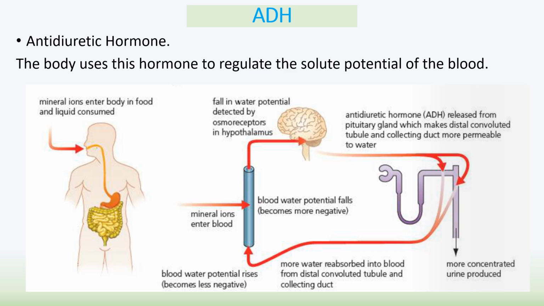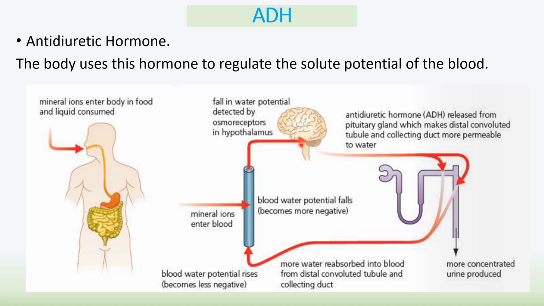And the body uses this hormone to regulate solute potential of the blood to the water potential to precise levels as a result. And this diagram shows how it works. So first of all, our water levels are detected by osmoreceptors in the hypothalamus. And basically, due to osmosis, they either lose or gain water.